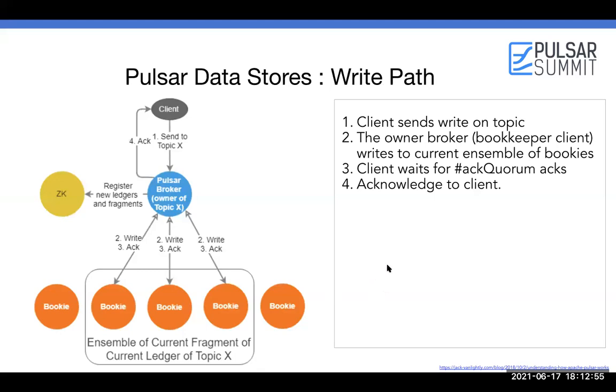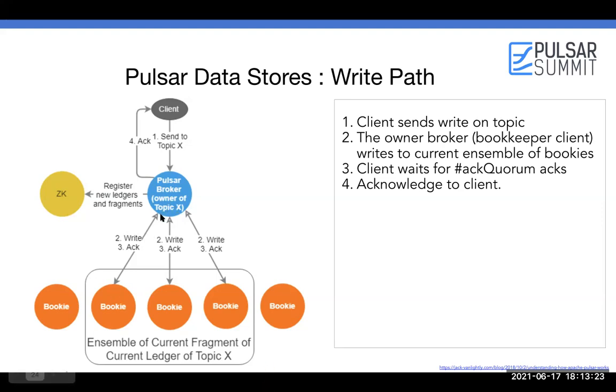If you look at the write path in Pulsar, you have a client, it sends some data to a topic, let's say X. So it reaches the Pulsar broker, which is the bookkeeper client, and writes it to these 3 different bookie nodes. We are assuming that this is the ensemble on which the ledger that relates to this topic is currently being written.